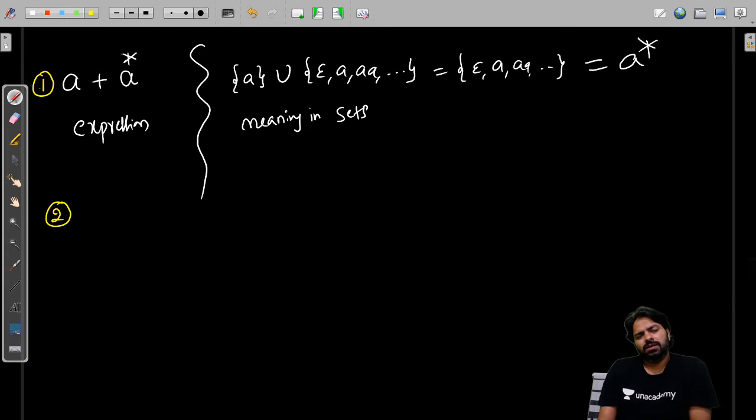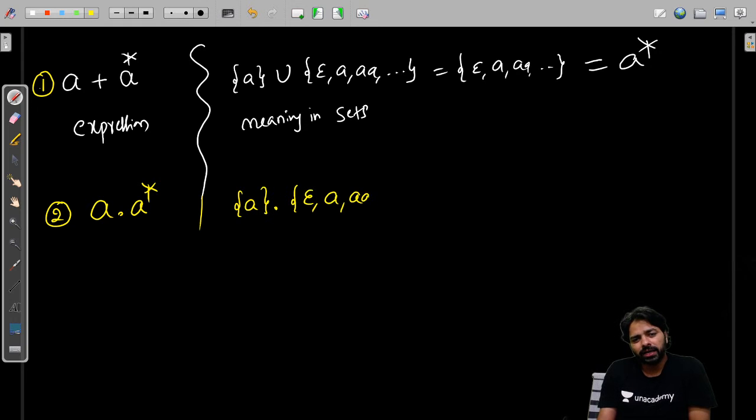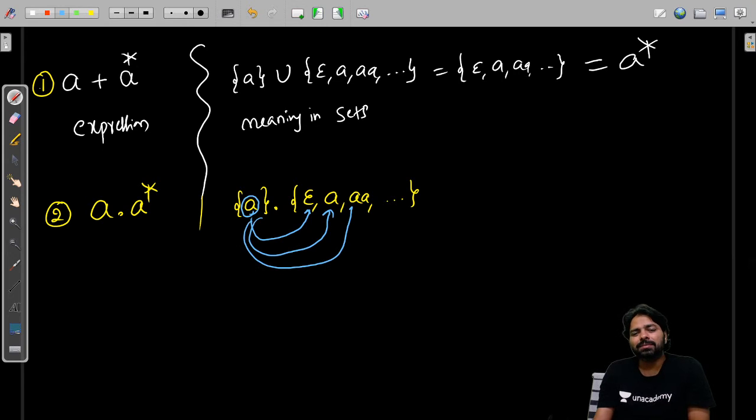Second, if I say A dot A star, ये कुछ अलग है. What is the meaning in set? A dot A star means epsilon, A, double A and so on. You have to do concatenation, right? इस A को लेकर सबसे concatenate करो, तभी आपका रिजल्ट समझ में आता.